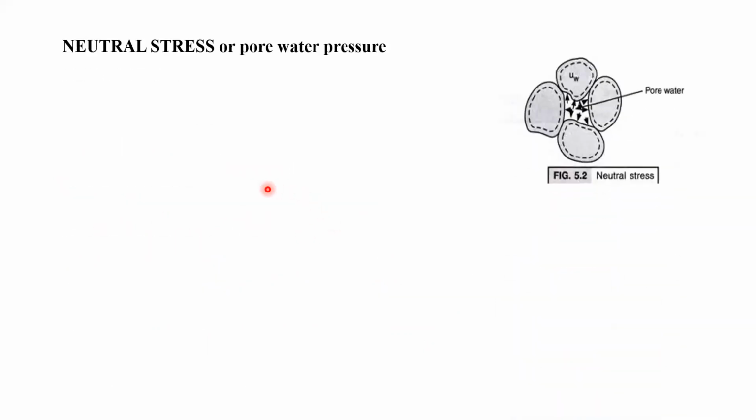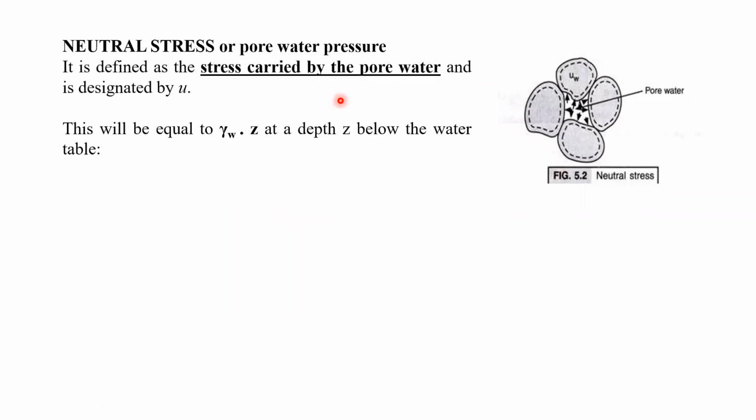Now we shall see what we mean by neutral stress, which is also called pore water pressure. Whenever the load is applied at a certain depth, what is going to happen? See, these are the solid particles. In the voids, water is there. The voids are filled with water. So once load is applied from the top, this water will also create pressure in different directions.